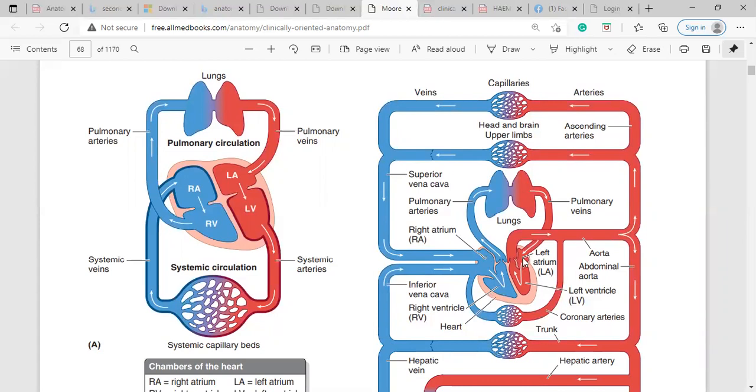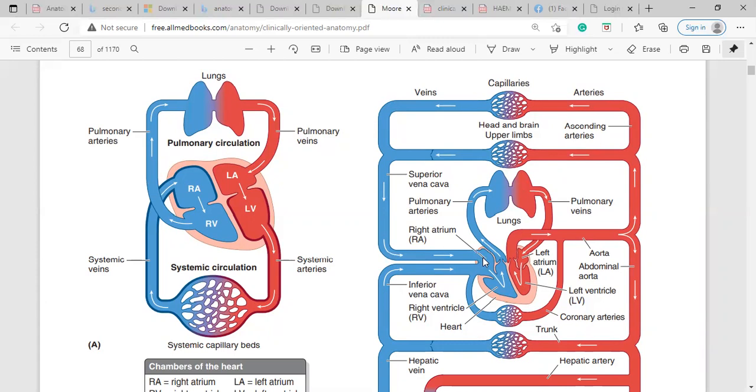This is the left atrium and the left ventricle. Now, used blood, the blue part, deoxygenated blood, is coming from different parts of the body, and it joins the inferior vena cava and the superior vena cava, and the blood enters the right atrium.